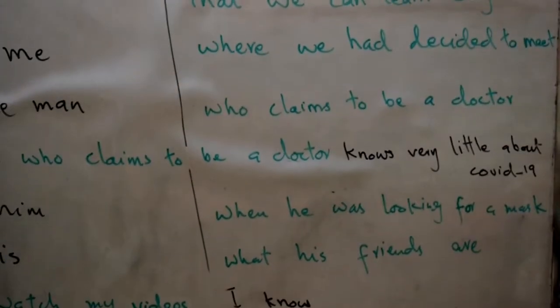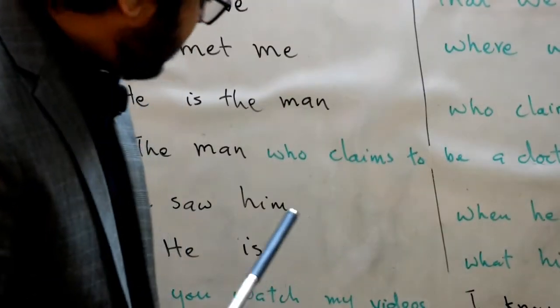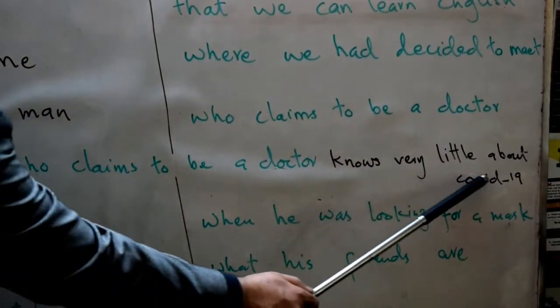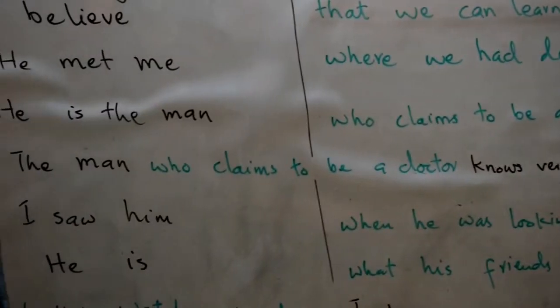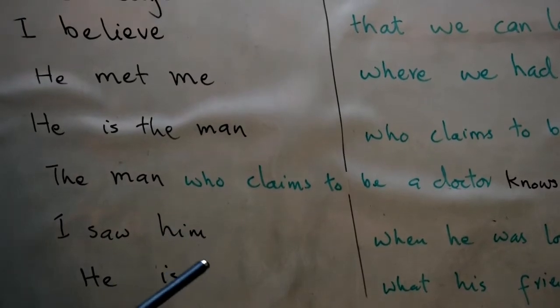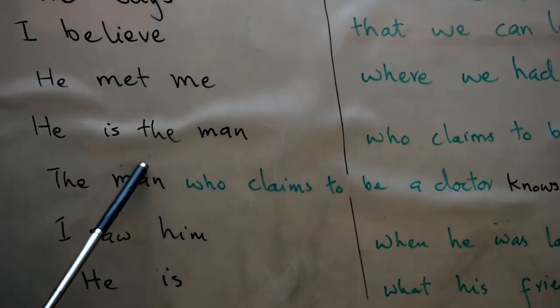Now look at the black part of the sentence, the part which is written in black. Look, the man knows very little about COVID-19. This is the main clause. This is the principal clause. Okay. And what is this greenish part of the sentence? It describes the man.